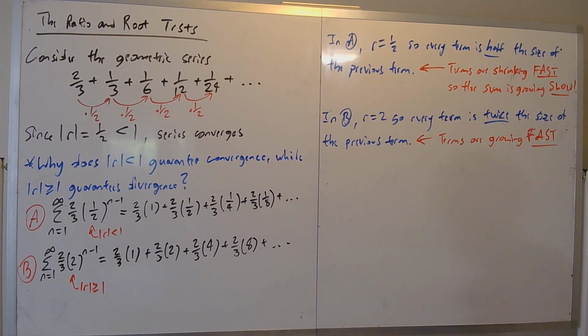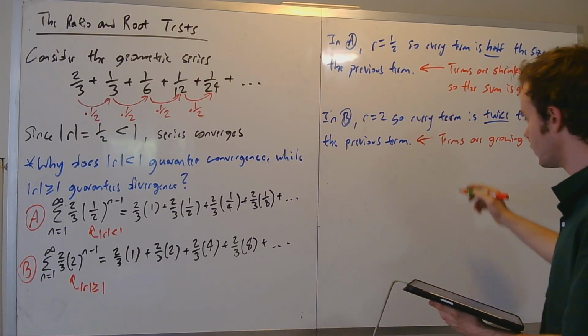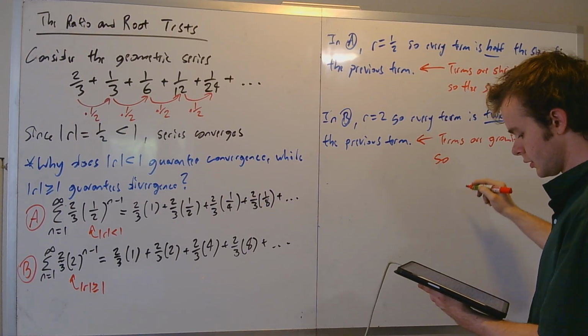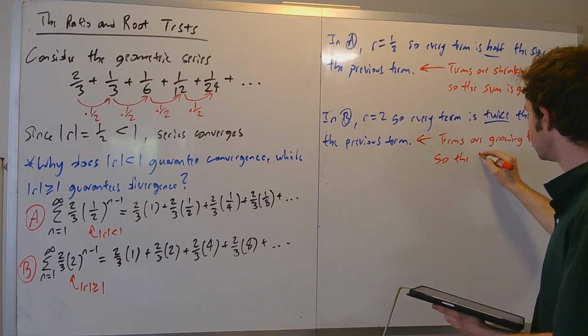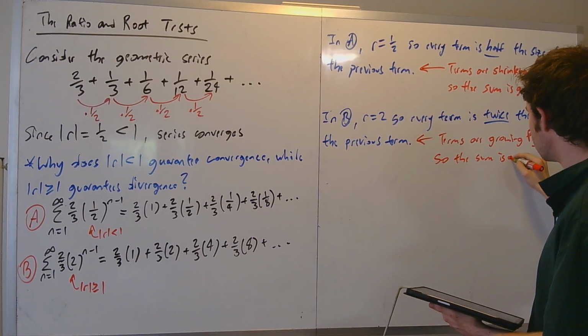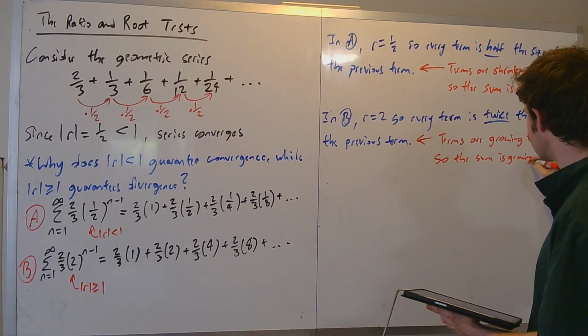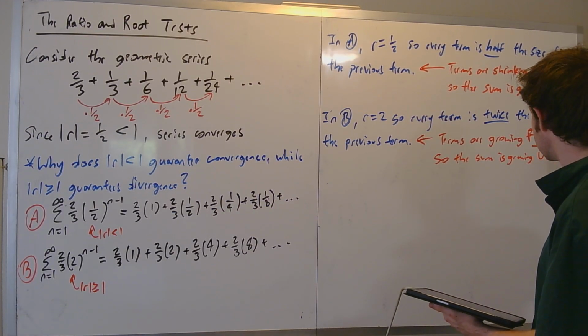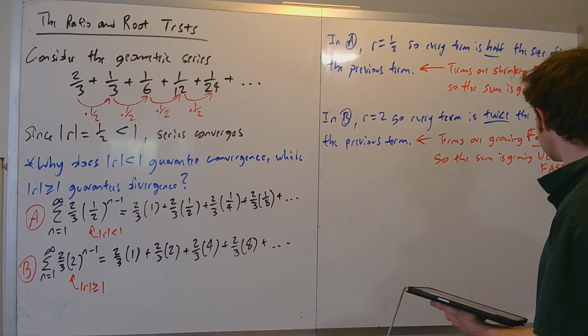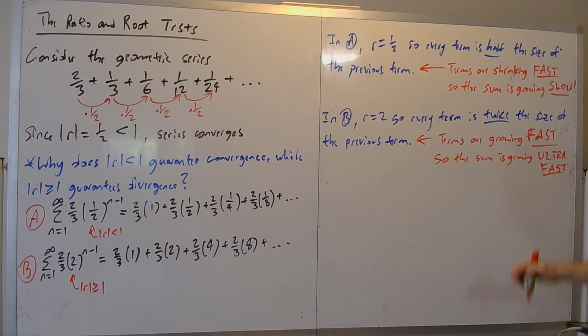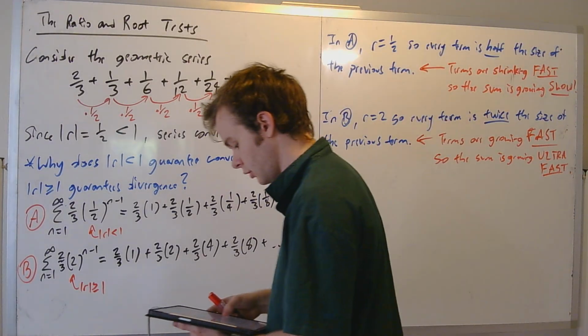Because every time they're doubling, so if the terms are growing really quickly, so the sum is growing ultra fast. Right? So if these terms are just growing exponentially quickly, then the sum is also going to grow exponentially quickly.